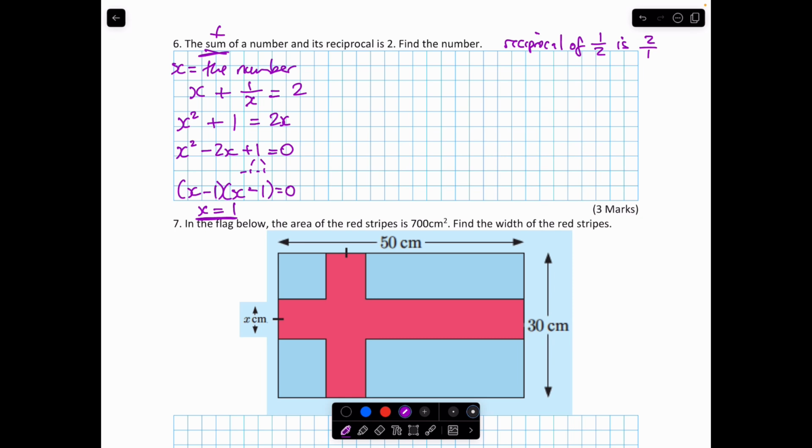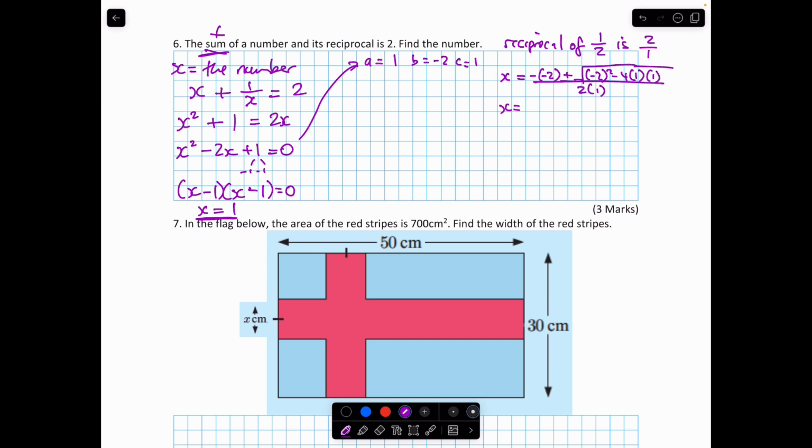You can do it the quadratic formula way. A equals 1, b equals -2, c equals 1. So again, only optional, if that's all you can handle. X equals -2, plus or minus the square root of -2 squared, take 4 lots of a, which was 1, and c, which was 1, over 2 lots of a.